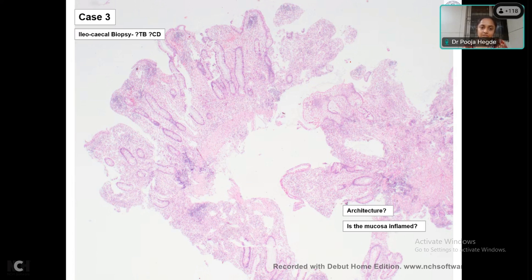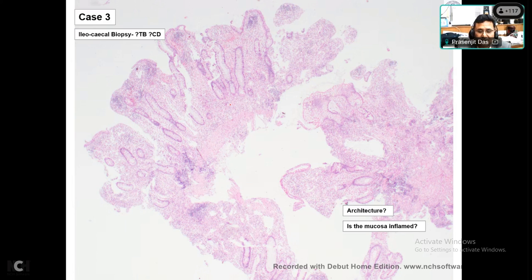In the mucosa I could appreciate the test tube arrangement of the crypts are lost with little basal plasmacytosis. The crypts are not resting directly on the muscularis mucosae. The lamina propria shows increased inflammatory infiltrate, and on higher power, I could appreciate mainly lymphoplasmacytes and eosinophils.